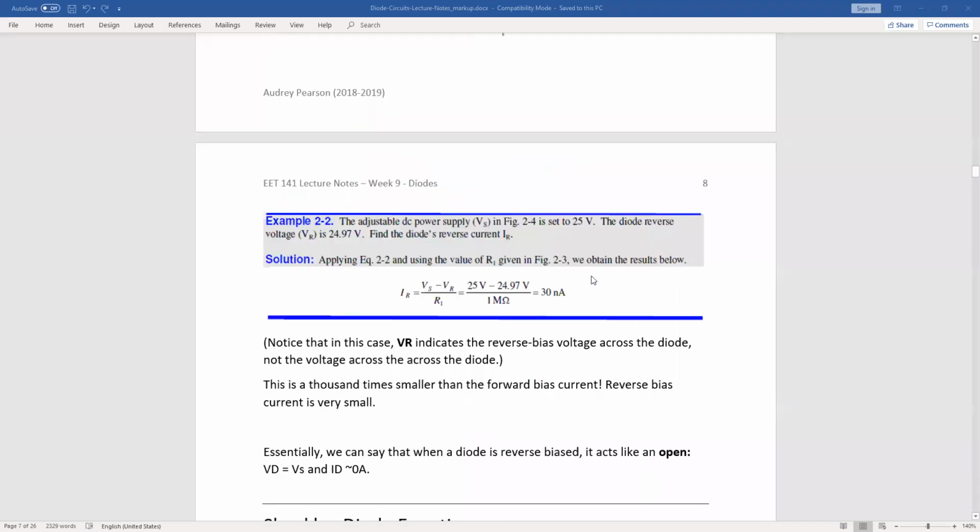So using that formula, we've got that 25 volts for Vs, subtracting that 24.97 volts for the reverse bias diode voltage. This whole thing is giving us the voltage across the resistor, and we divide by the value of the resistor. And what we get is this very small current value, 30 nanoamps.